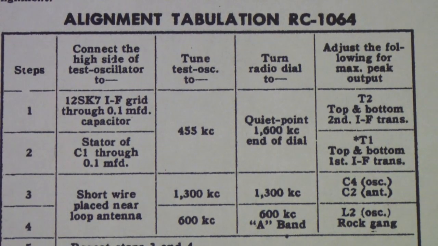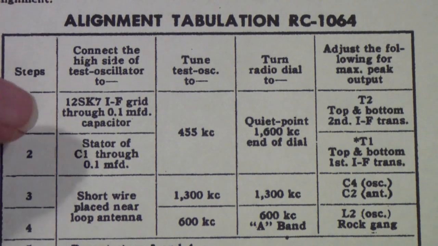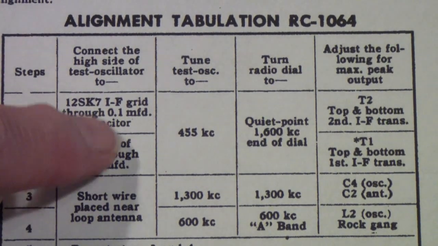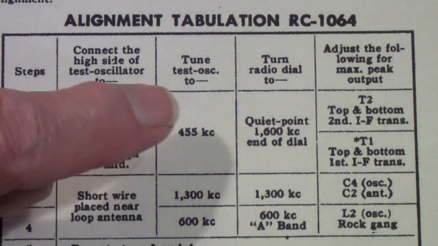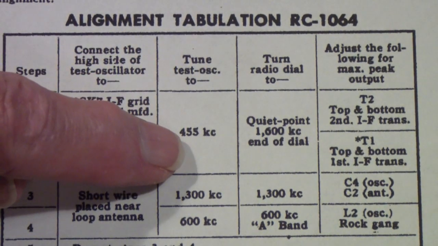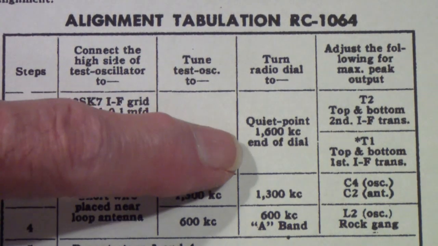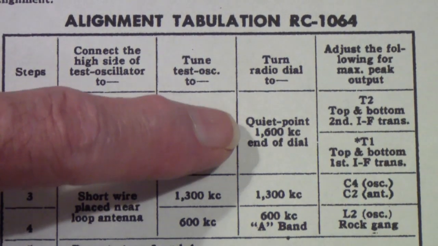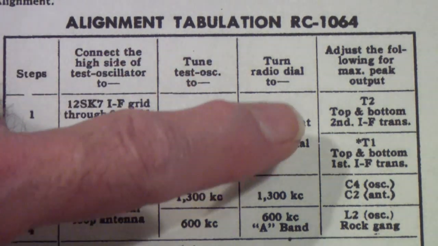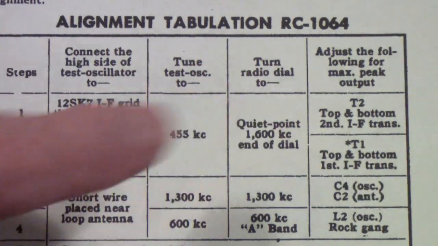Now that's not the way I did it. I'll show you in a second how I did it. Through a 0.1 microfarad capacitor, and tune the generator to 455 kc. Find a quiet point on the dial near 1600, which is near the high end, and adjust T1 and T2.